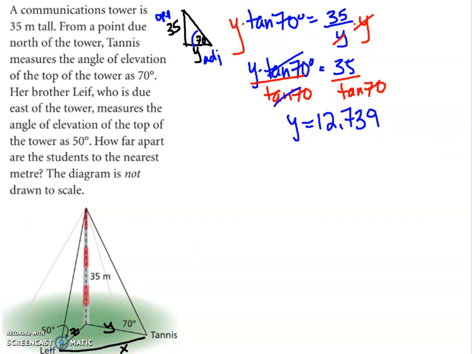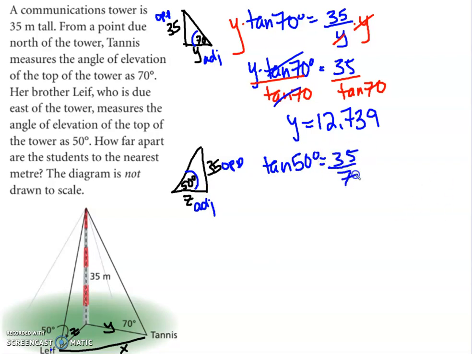Okay, triangle number 2 is the one with Leaf, which has an angle of elevation of 50 degrees. We're calling this z, and again, this is 35. So the opposite is 35, the adjacent is z. So again, we're looking at tangent, but this time tan of 50 degrees is 35 divided by z.